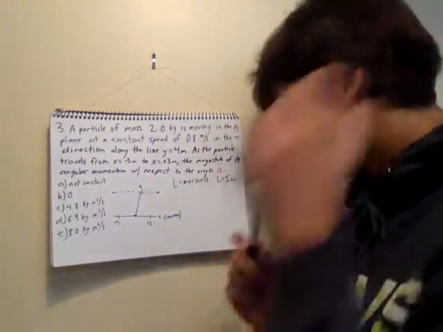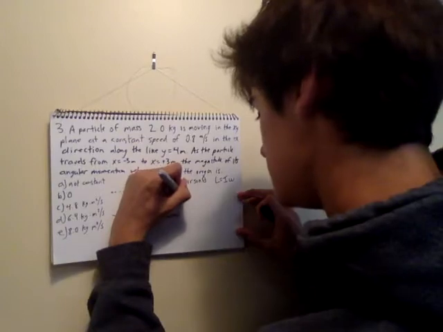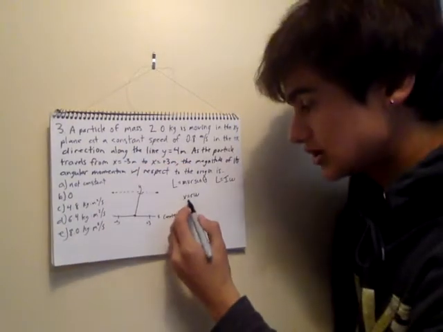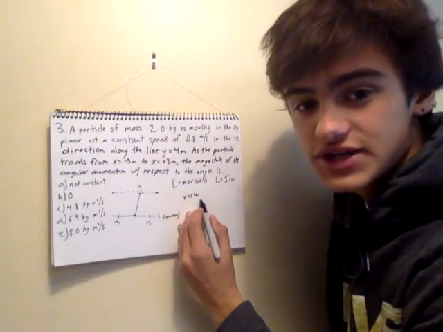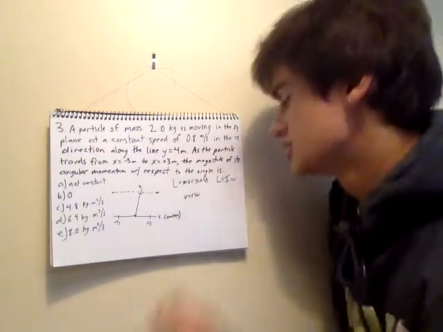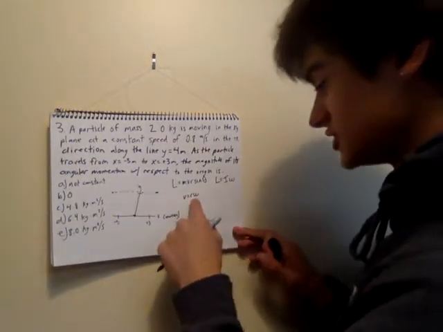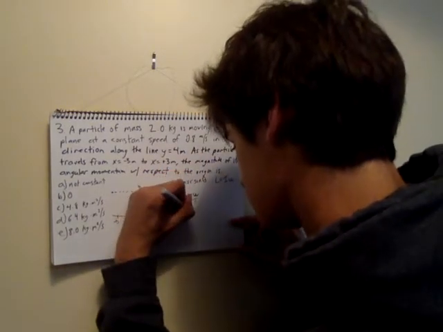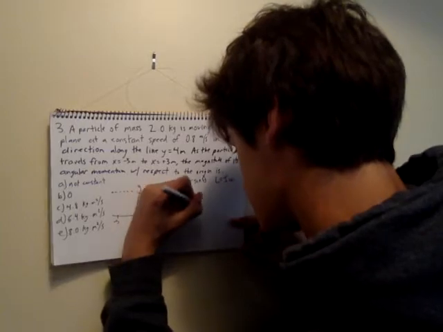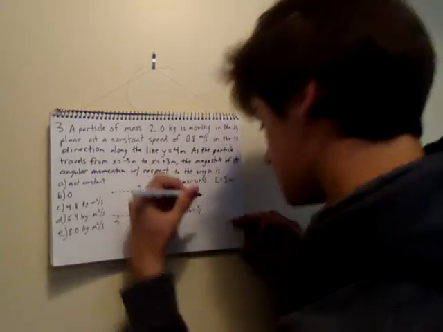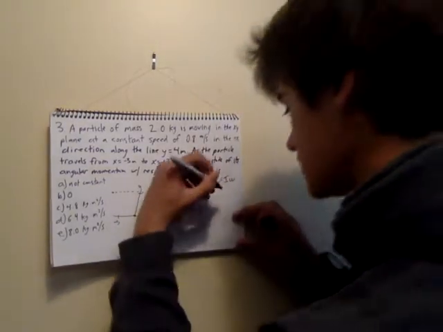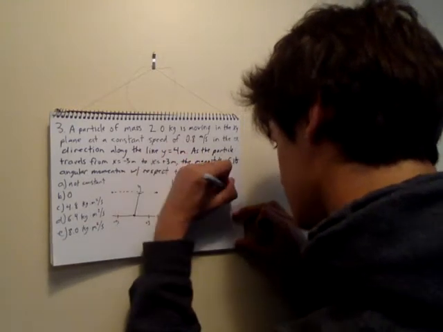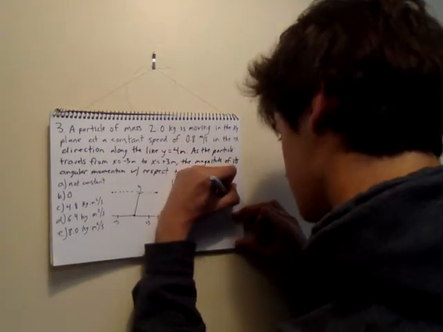So we also know that V is equal to r omega. So this is linear velocity is equal to radius times angular velocity. So let's isolate omega in terms of V and r. So we can divide by r, omega is equal to V over r. So based on this, we know L is equal to I times V over r.